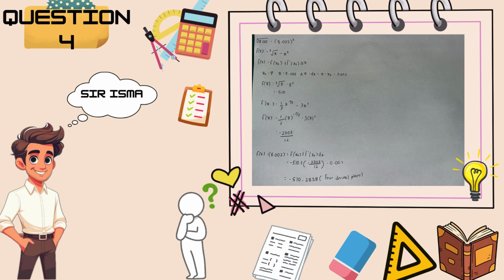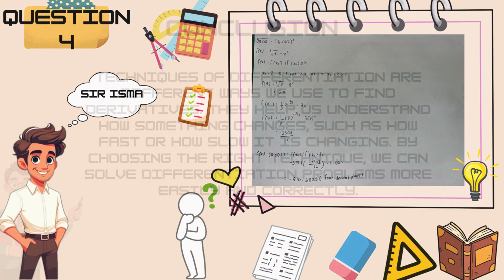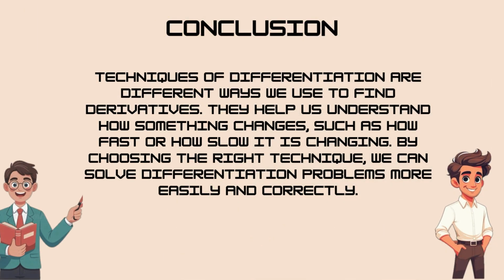We evaluate f prime(8) and we get negative 2303 over 12. After that, we use the formula we wrote before, and the final answer to four decimal places is negative 510.3838.